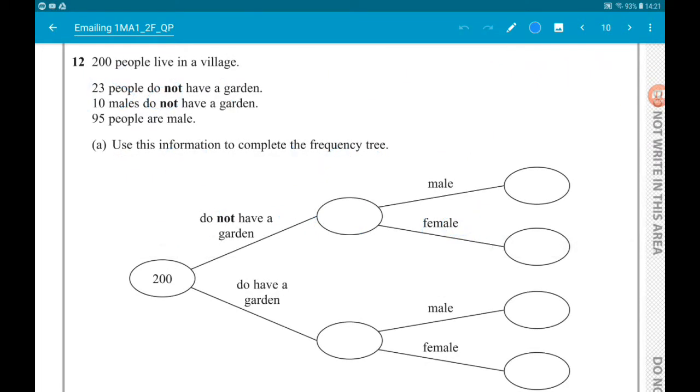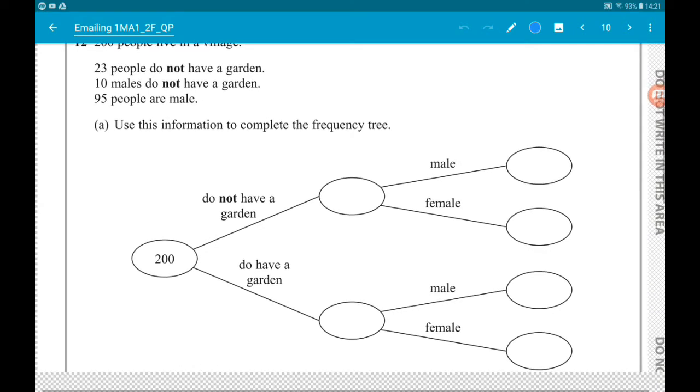Okay, number 12, we have a frequency tree. So 200 people live in a village. 23 people do not have a garden. 10 males do not have a garden. 95 people are male. But they want us to use this info to complete the frequency tree.